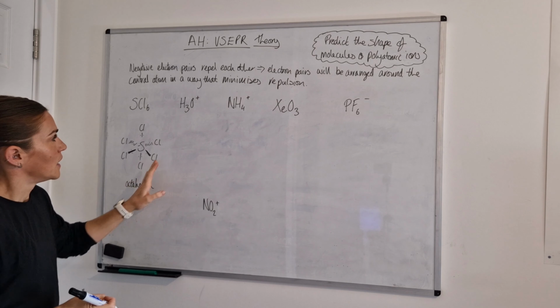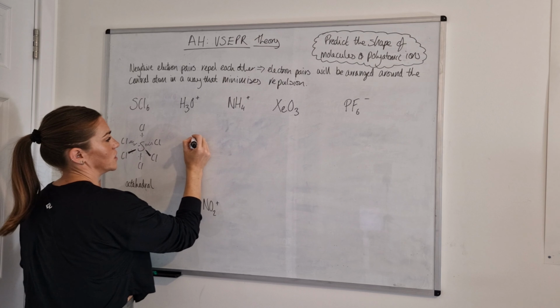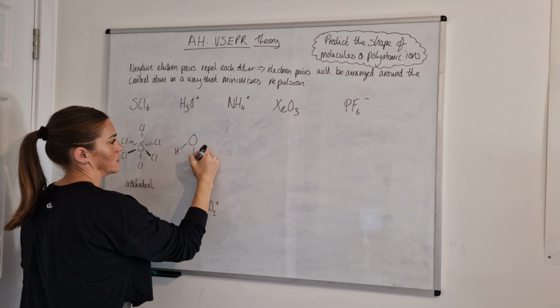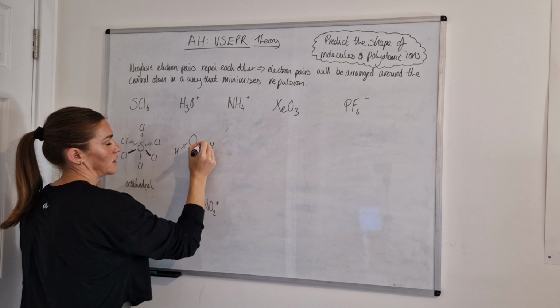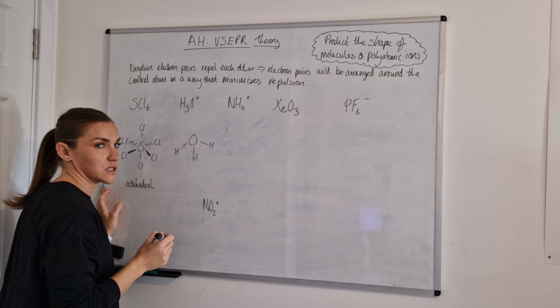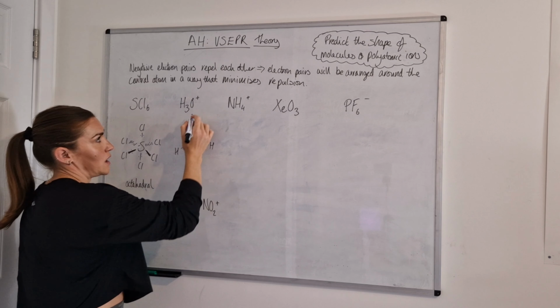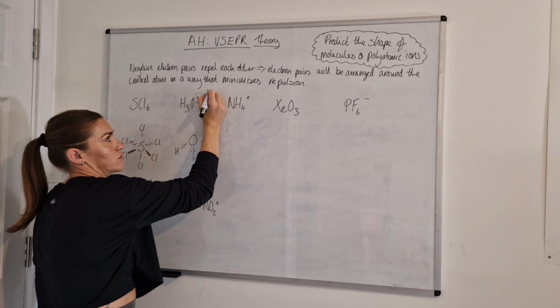Okay, for this one here, we've got an oxygen and 3 hydrogens, so that's 3 bonding pairs. Oxygen is in group 6, which means it has 6 outer electrons. This positive charge here though means that there's 1 electron being lost.